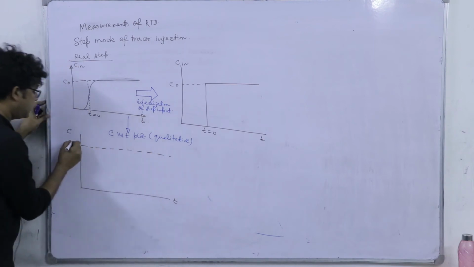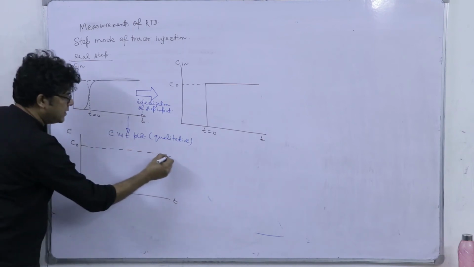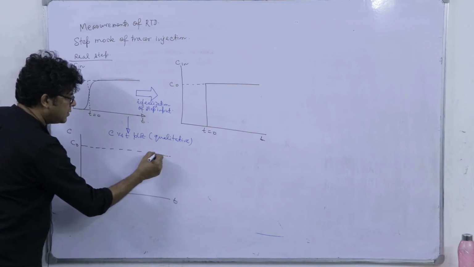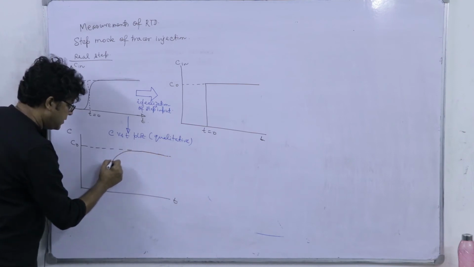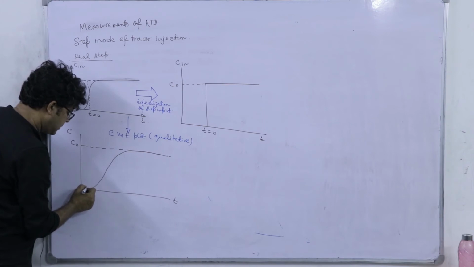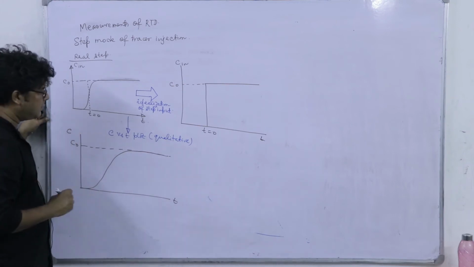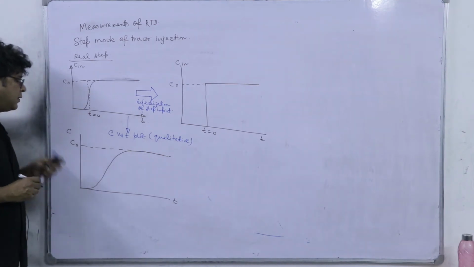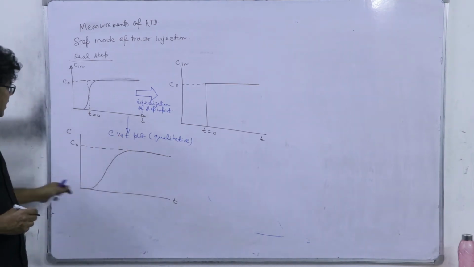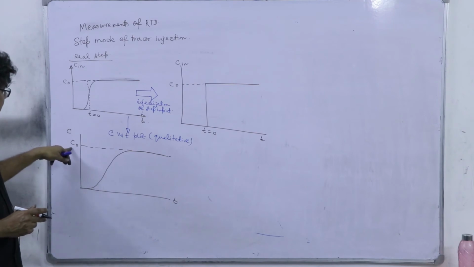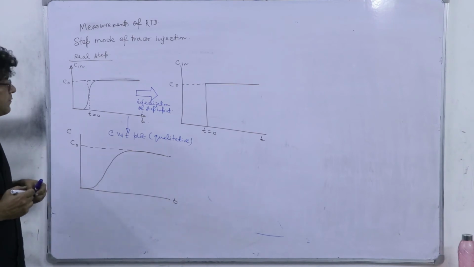Finally, it will attain the same step height C naught, but it will be delayed like this, right. This is a tentative or qualitative output. Now, you see that this is very similar, not same because it is C naught, very similar to the F curve.